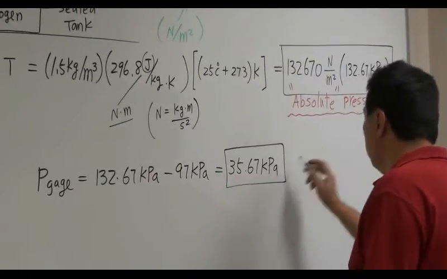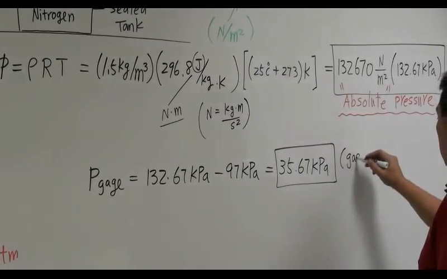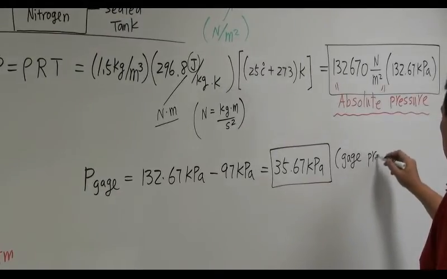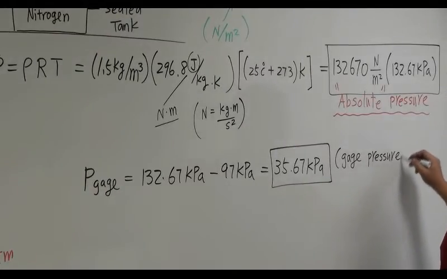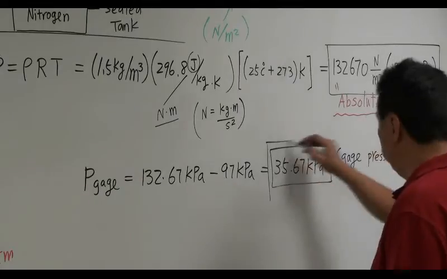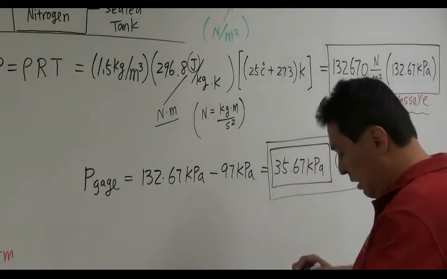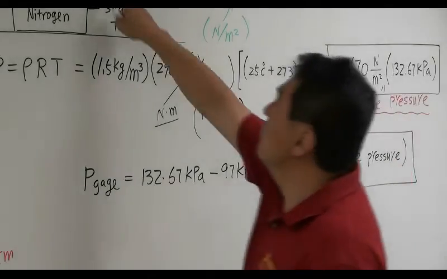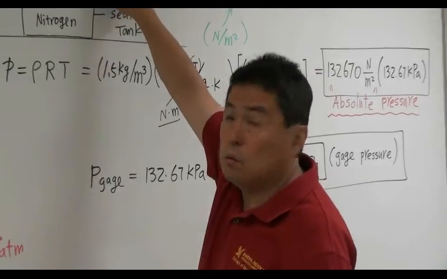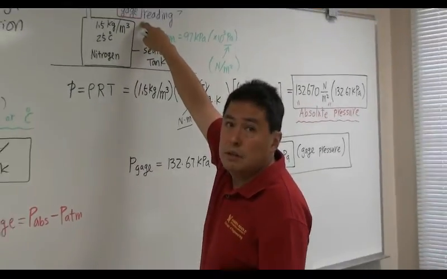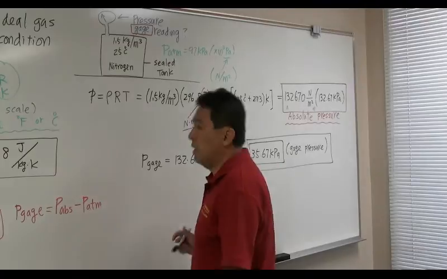This is what you need. This is called gauge pressure. This is essentially how much pressure value you are going to read from the gauge attached to this tank.